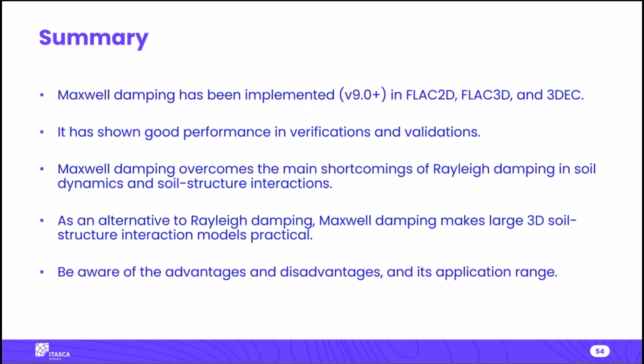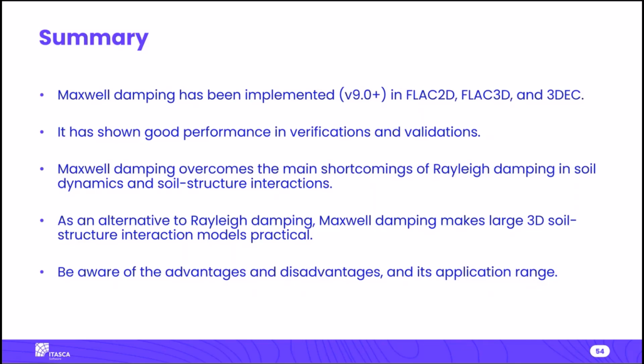Maxwell damping has been implemented since version 9 and has good performance in verification and validation, and it overcomes the main shortcomings of Rayleigh damping. Most important, it makes very large three-dimensional soil structure interaction practical, because the allowable dynamic time step is quite different.